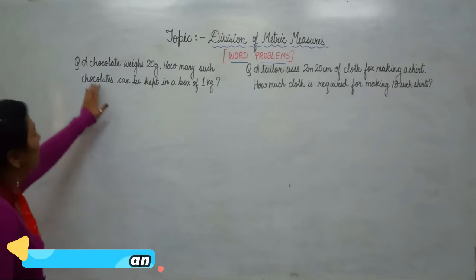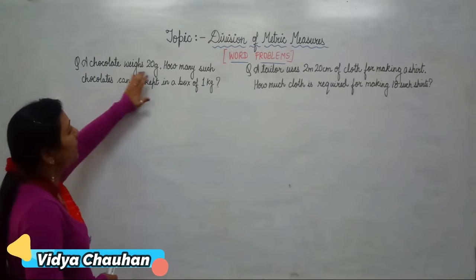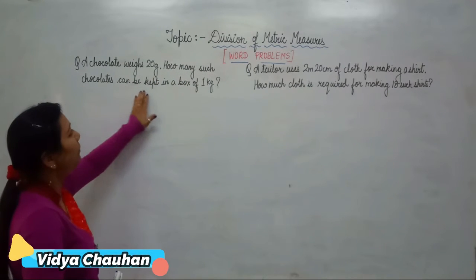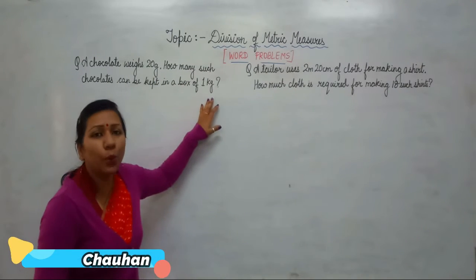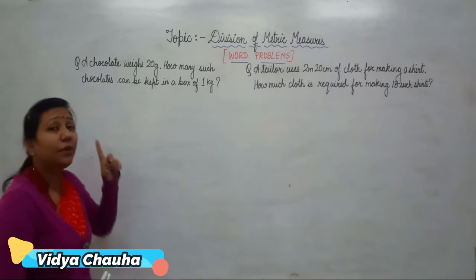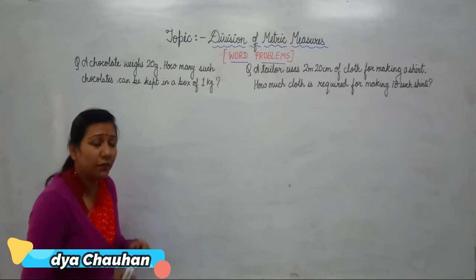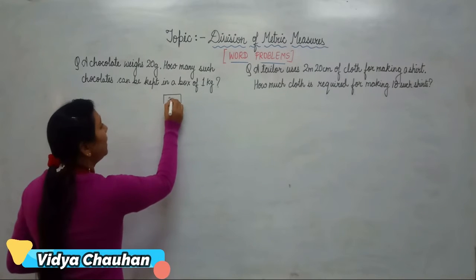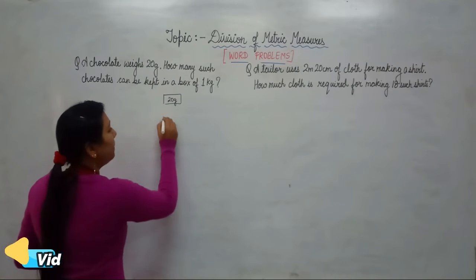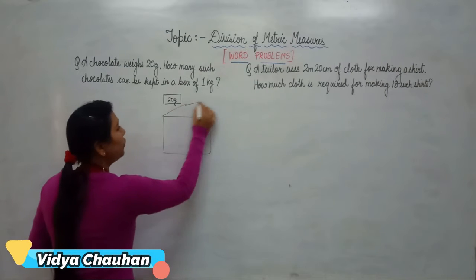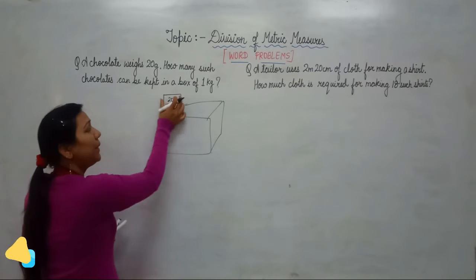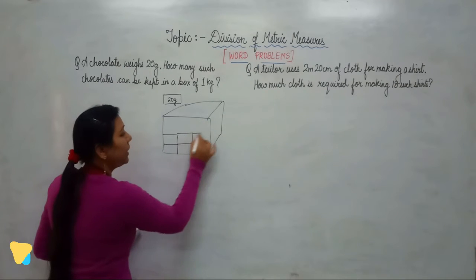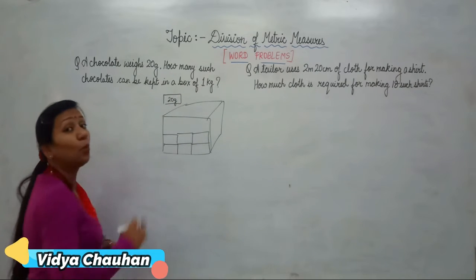Reading the first question, it says a chocolate weighs 20 grams. How many such chocolates can be kept in a box of 1 kg? So if one chocolate weighs 20 gram, and a big box is given to you, it is being asked how many chocolates of 20 gram each you can keep in a box of 1 kg.